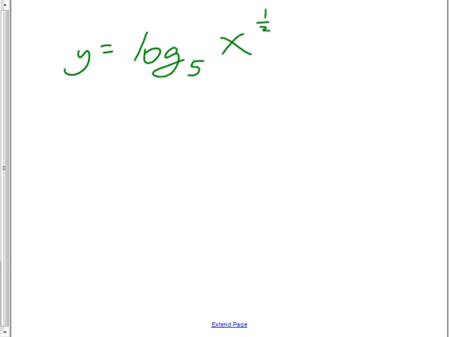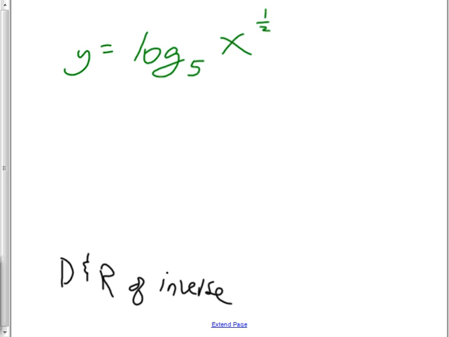Then I would like to know the range of the inverse. Oh, what the heck. I'll just ask for the domain and the range of the inverse. So find the inverse and find the domain and range of the inverse. Don't fall into the trap that I just showed you. I'll pause for a second while you try that one.